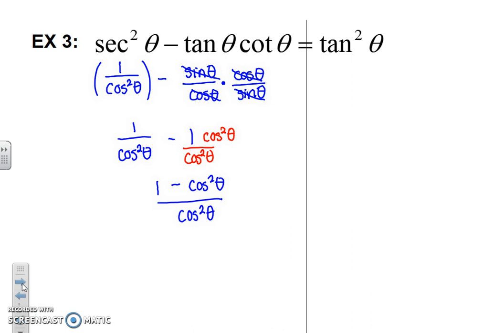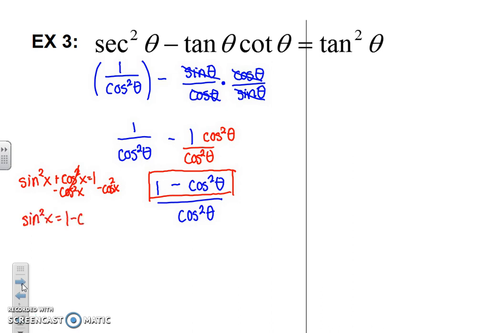Now, it's not an identity that's really easy to pick out at first, but this 1 minus cosine squared theta is an identity. It comes from our Pythagorean identity. Our Pythagorean identity, it's usually the only one anybody remembers, sine squared x plus cosine squared x equals 1. Well, watch what would happen if I subtracted cosine squared x from both sides of that identity. I would have sine squared x equals 1 minus cosine squared x.